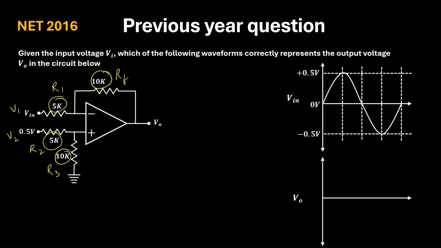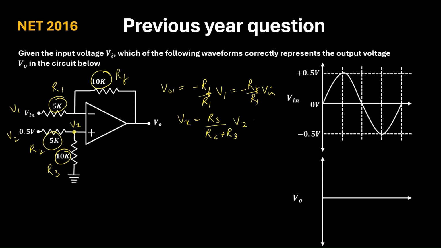So first we will calculate the output due to V1 when V2 is grounded. So V01 will be equal to minus RF by R1 into V1, which is nothing but minus RF by R1 into Vin. Next, we will calculate the output when V1 is grounded. So for that, we need to calculate this Vx here. Vx is equal to R3 divided by R2 plus R3 into V2.